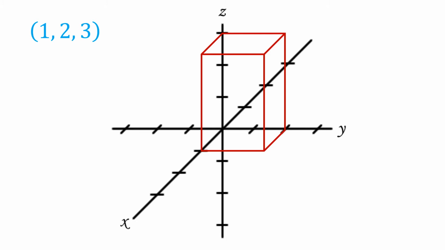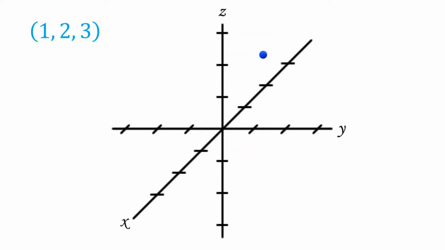And again, this motion was because our ordered triplet was (1, 2, 3), x, y, z. The prism can help guide our eyes so we're looking at this properly. And here is where the point will be in 3 dimensions. By taking away the rectangular prism, we do lose a lot of the effect.